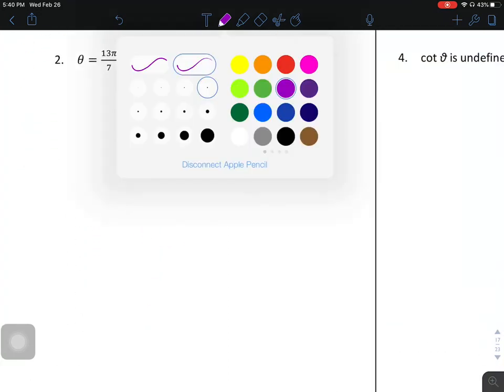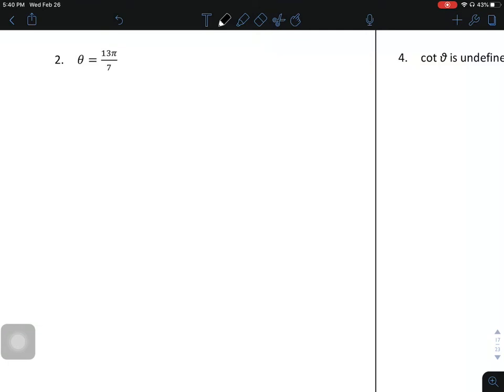Number 2. This one is in radians. Let's find a positive coterminal angle. Let's find a negative coterminal angle. Coterminal angles are complete revolutions apart. In radians, every 2 pi is a complete revolution.